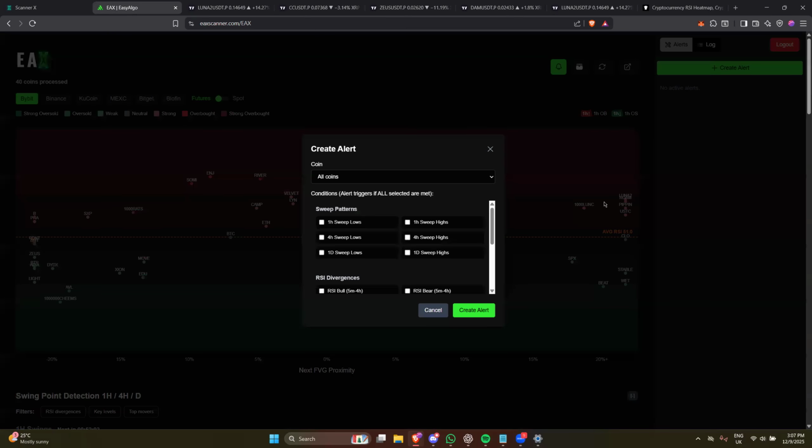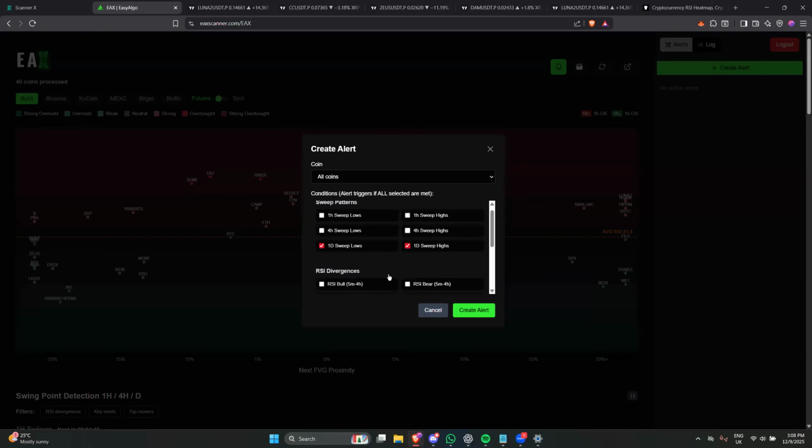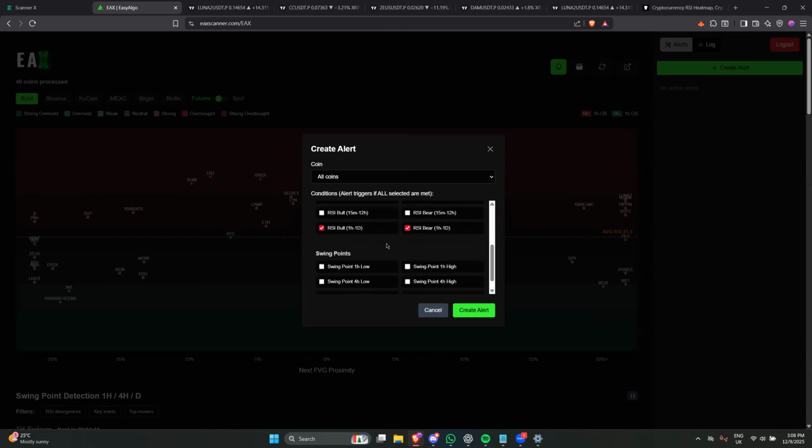So you can create an alert, and then this will be all coins from that exchange that you're looking at. For instance, if you're looking for the sweeps, the daily highs, daily low sweeps, you can tap that in. If you're looking for your divergences, of course, you can click on that.